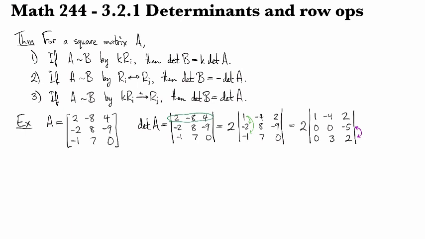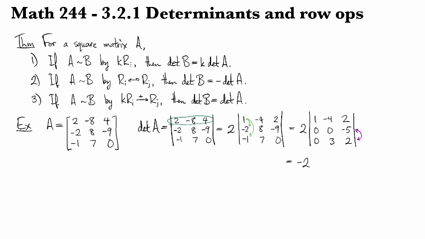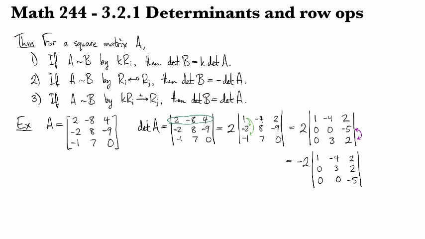So now I'll have a -2 out in front of my determinant after doing this row swap. Okay, so now we see that the determinant of A is equal to -2 times this determinant of a matrix which is in upper triangular form.